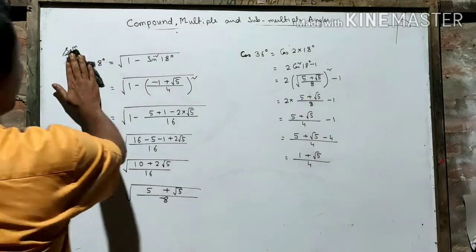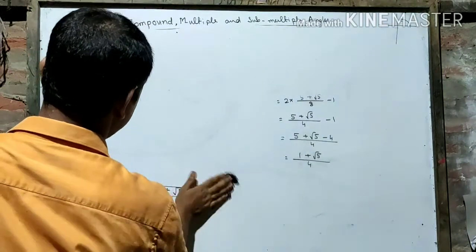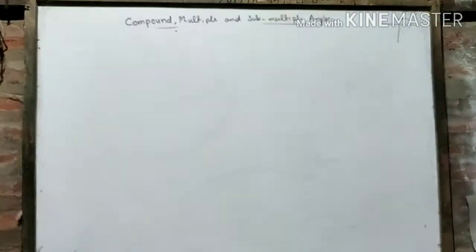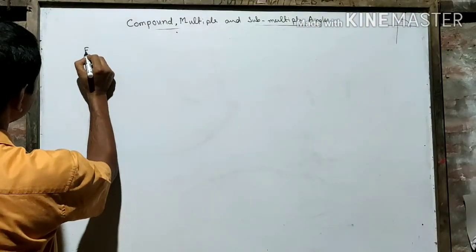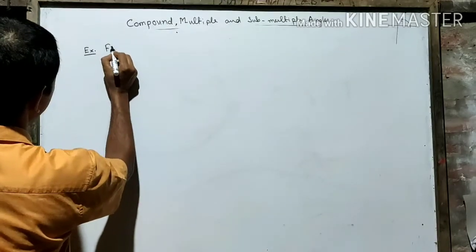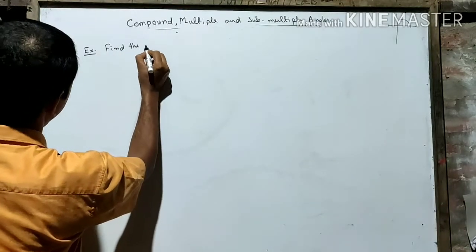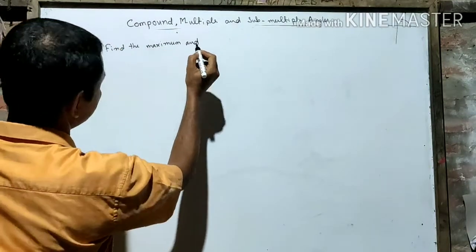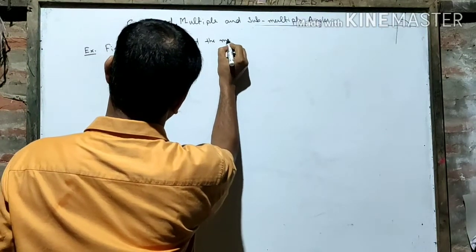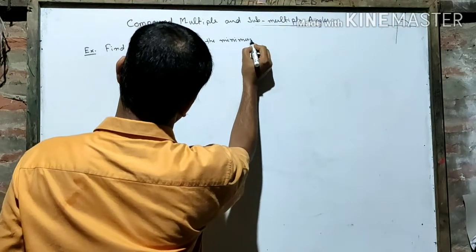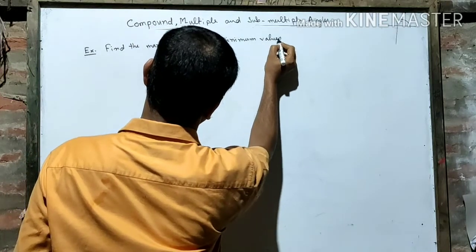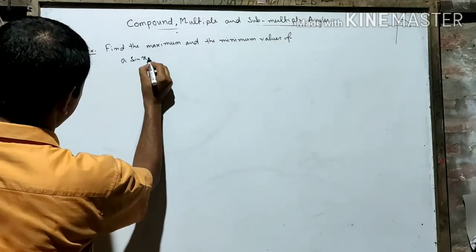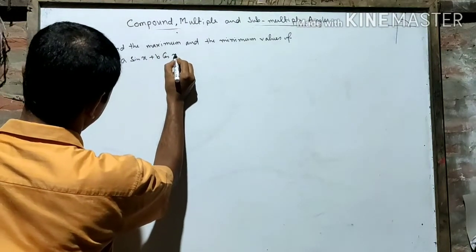We may solve this one. Find the maximum and the minimum values of A sin x plus B cos x.